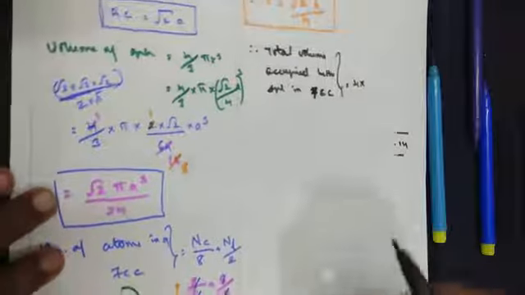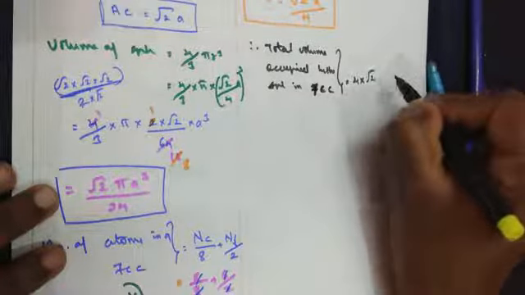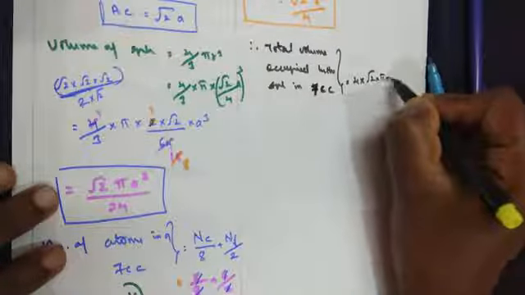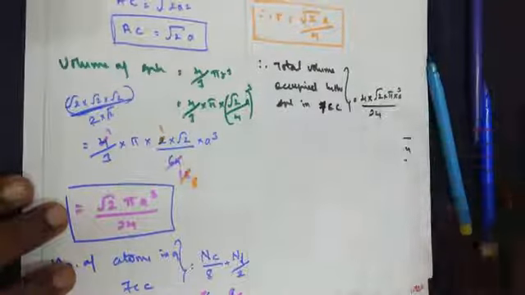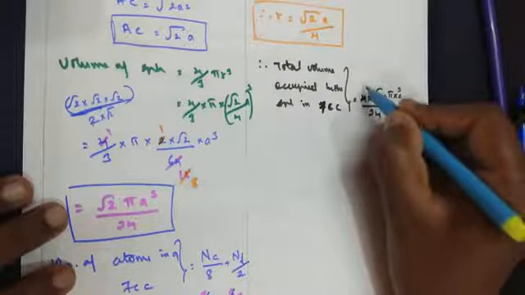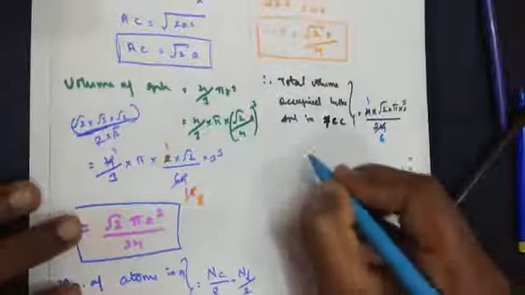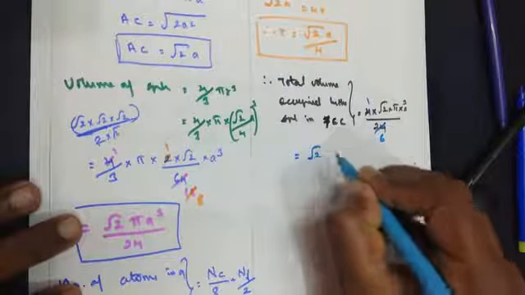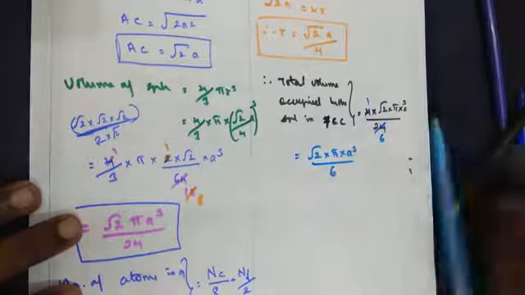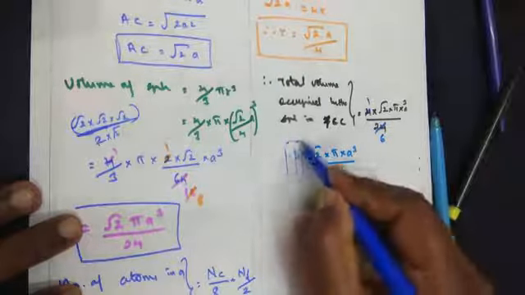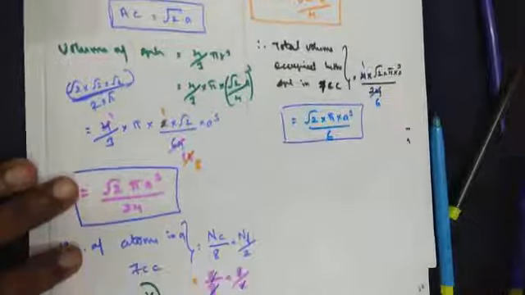That is 4 into square root 2 into pi into A cube by 24. Further, if we simplify here, 1s are 6s. So we get the answer to be square root 2 into pi into A cube by 6. So this is the total volume occupied by the spheres.